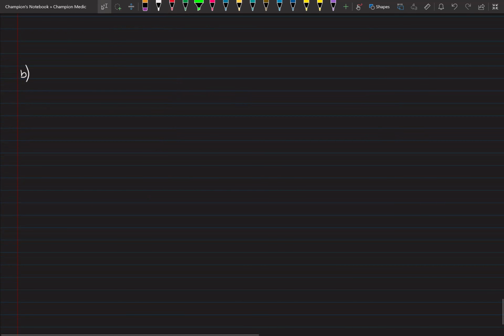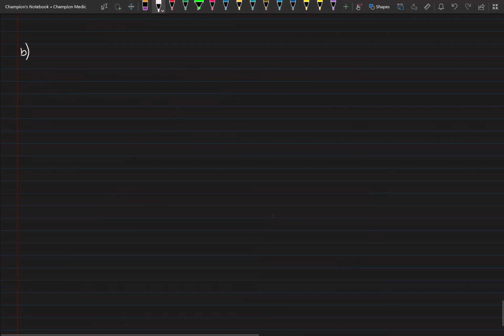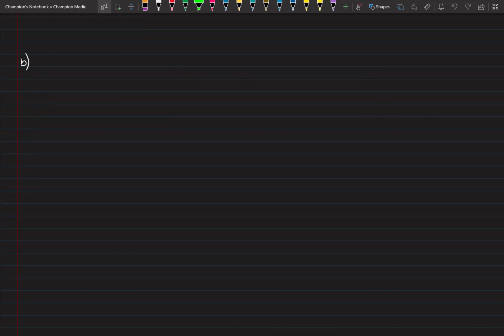Question 7B. Why do people with emphysema feel weak and tired? Another 5-mark question. This question, I think you do need to know off by heart really well. Emphysema is when the alveoli initially rupture or break down.